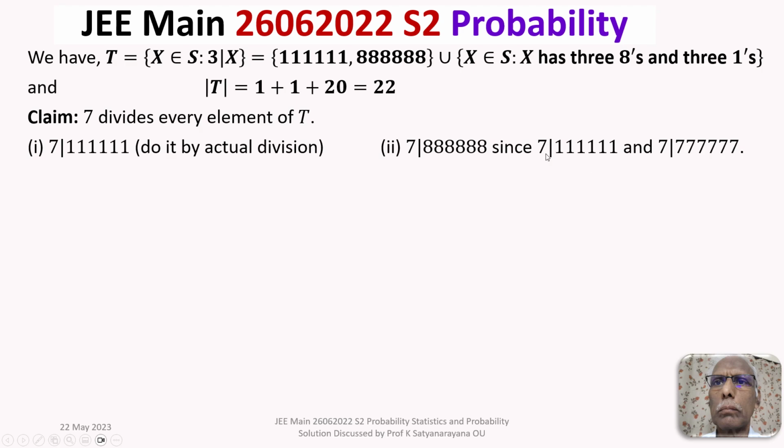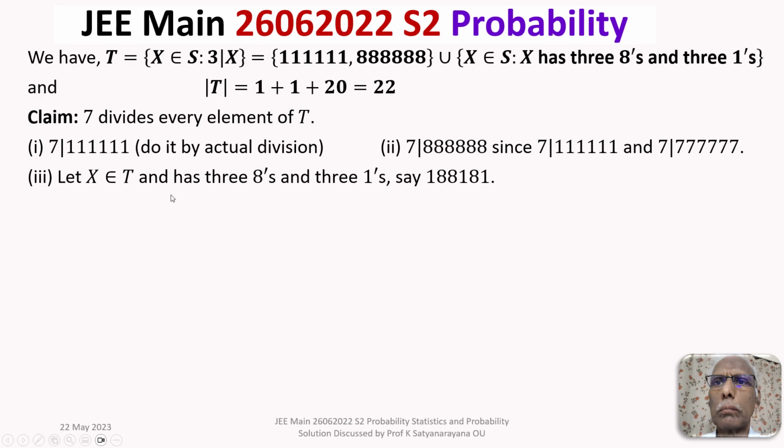So 7 divides the sum, that is all 8s. Agreed? Right. And what about: let x belong to T and have 3 8s and 3 1s. Such numbers are also divisible by 7.